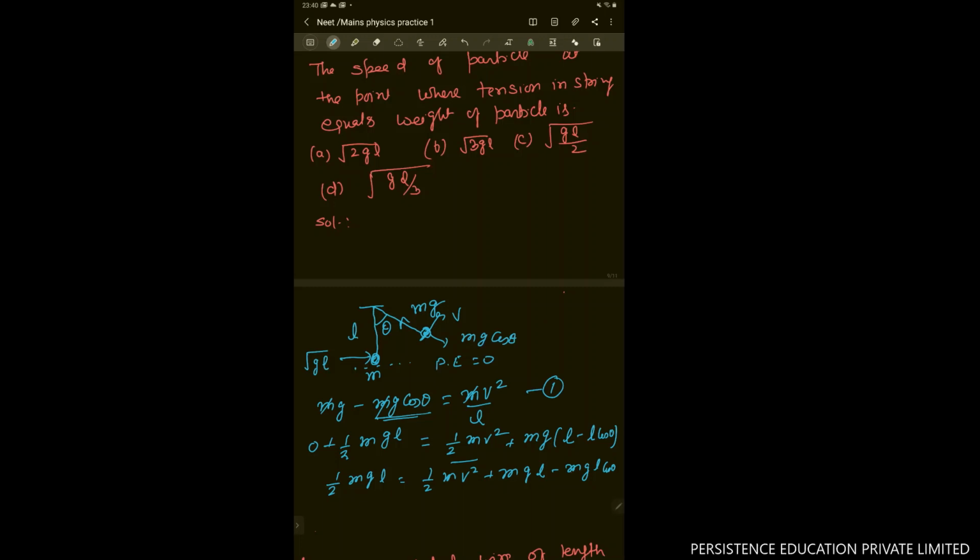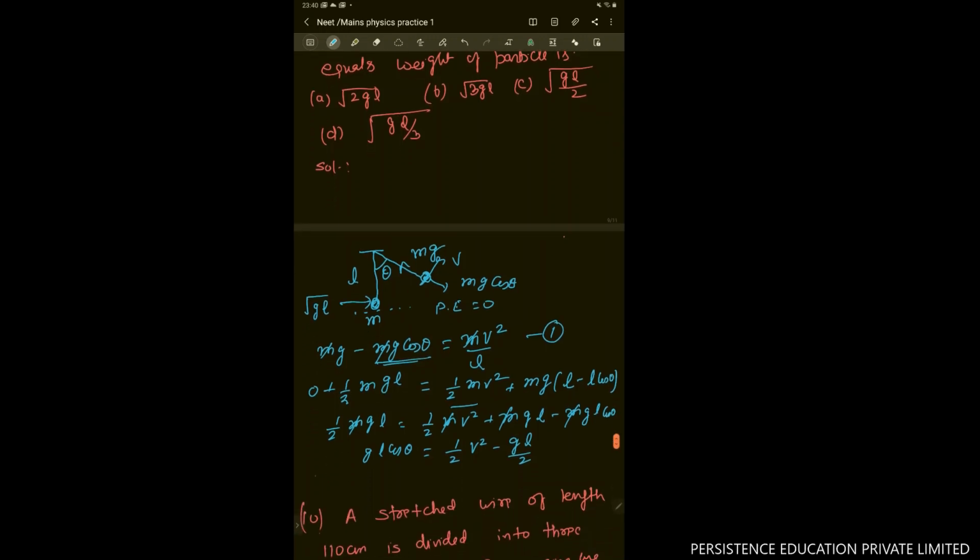So let's cancel the m from here also. So we will get gl cos theta is half v square minus gl by 2. So hopefully you have noted this down. So gl cos theta is this.